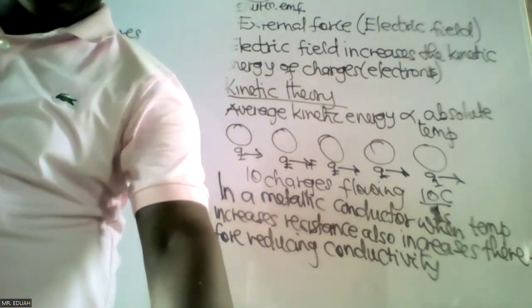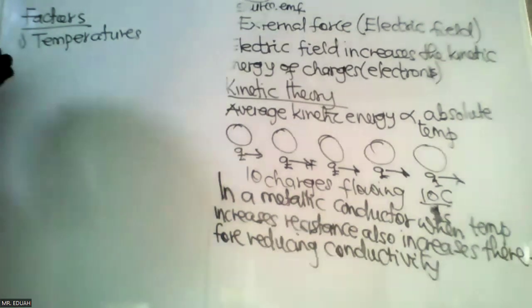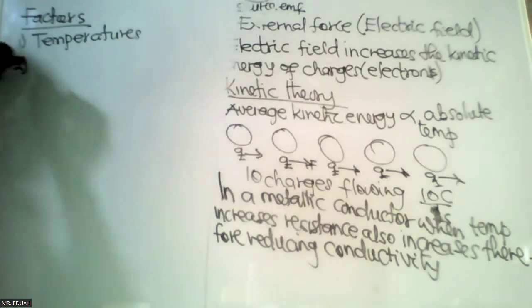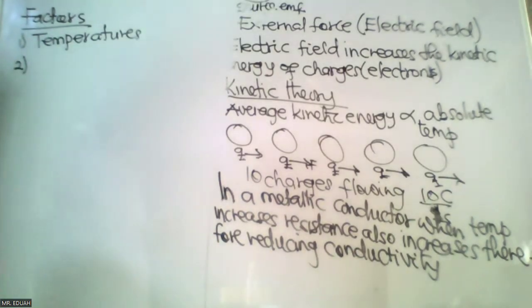Yes, the greater the temperature, the greater the what? Resistance. Two. What do you think is another factor responsible? Do you have any to share with us, factors that affect the resistance of a metallic conductor?